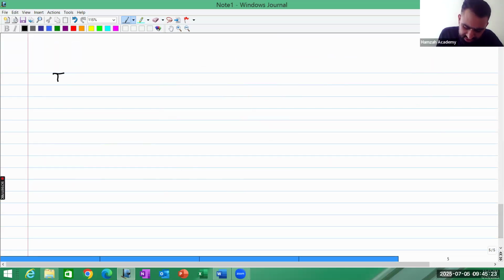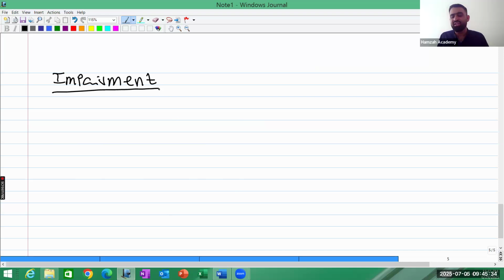And the last definition, which may be useful in IAS 16, is the definition of impairment.